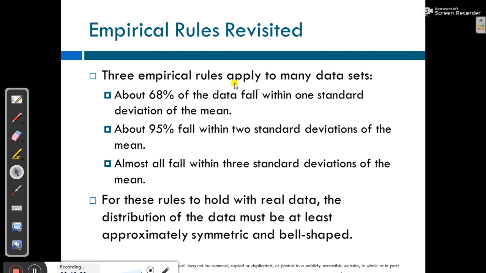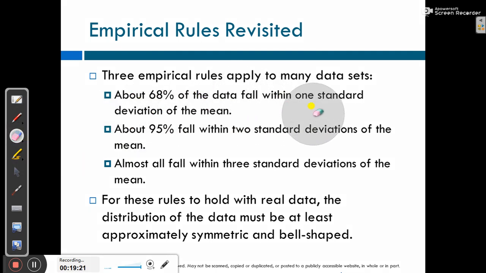There are three empirical rules that apply to many data sets. About 68% of data fall within one standard deviation of the mean, 95% fall within two standard deviations, and almost all fall within three standard deviations. That was also discussed a few videos ago.